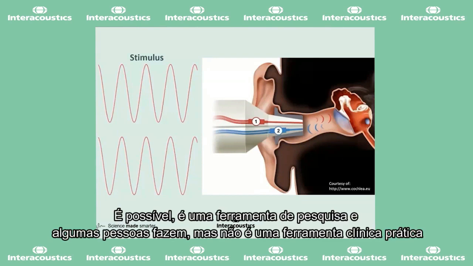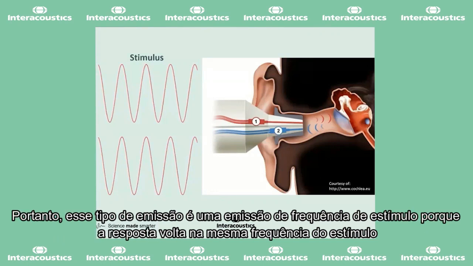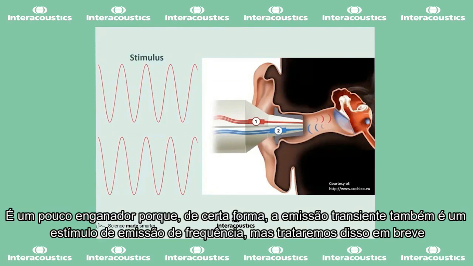It is possible. It's a research tool, and some people do it, but it's not a practical clinical tool. So this type of emission is a stimulus frequency emission because the response comes back at the same frequency as the stimulus. It's a little bit misleading because in some ways a transient emission is also a stimulus frequency emission, but we'll come on to that shortly.